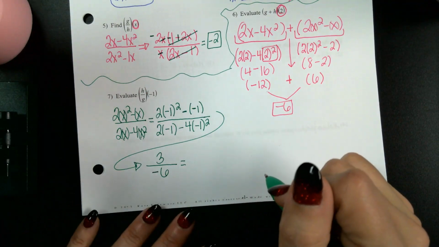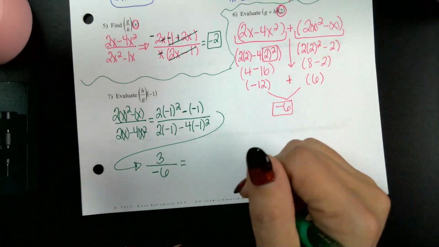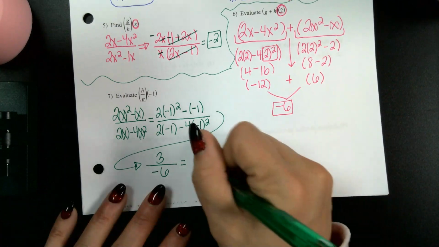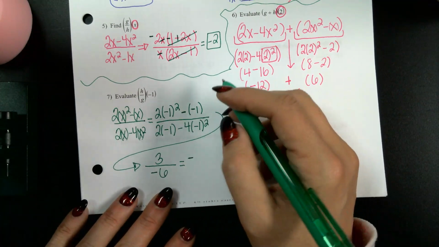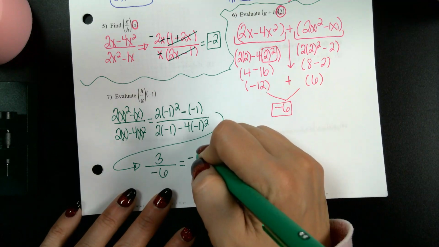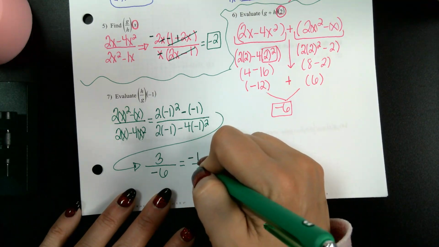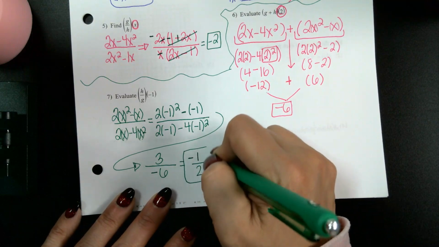Now, if you have one positive and one negative, isn't it negative? Yes. And what is 3 over 6 reduced to? 1/2. Half. Yep. So your answer is negative 1/2.